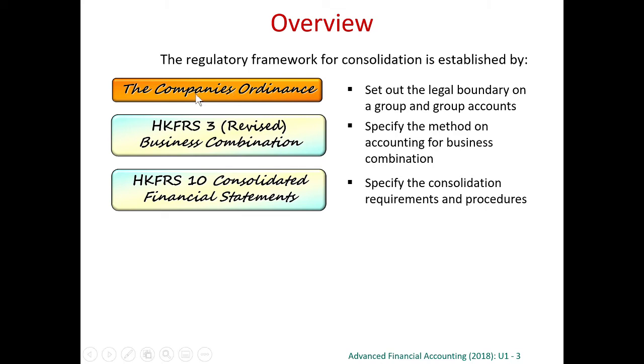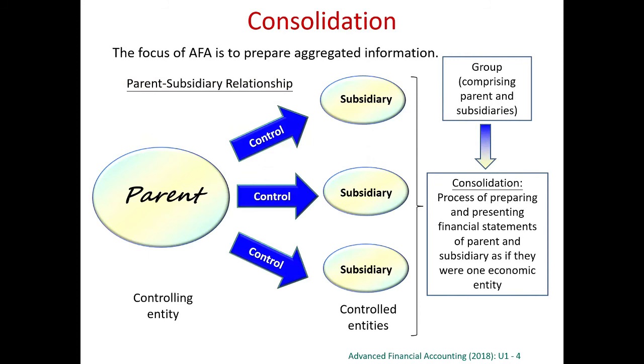But basically, the Companies Ordinance sets out the legal boundary for a group and also group accounts. So we have to prepare group accounts, usually consolidated financial statements, because this is required by the Companies Ordinance. We have to prepare consolidated financial statements if there's a parent-subsidiary relationship. Parent controls subsidiary.